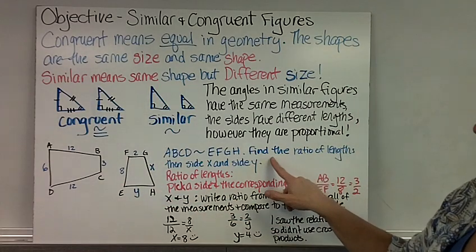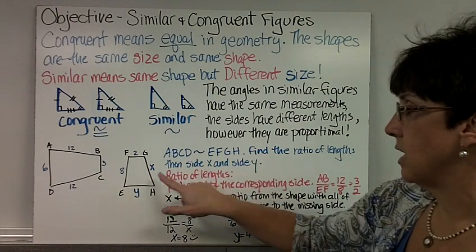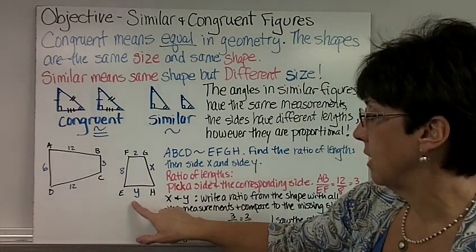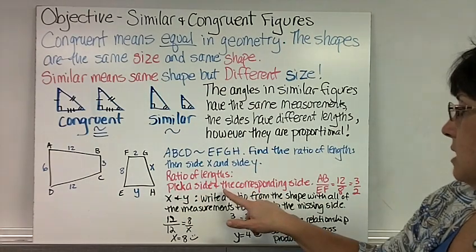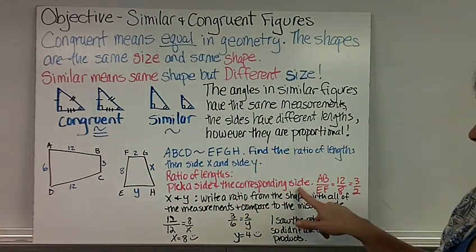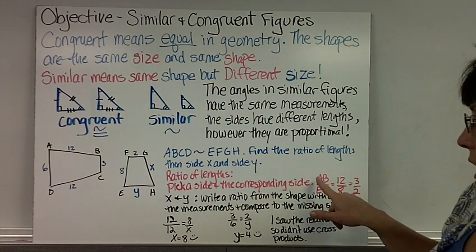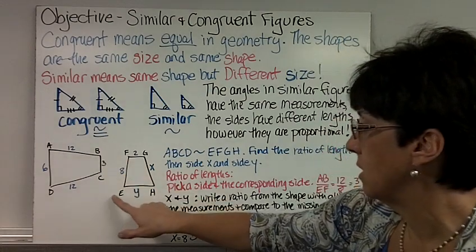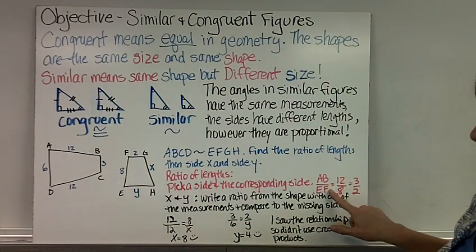All right, so we need to find the ratio of the lengths, then side X and side Y. So for the ratio of the lengths, you pick a side and the corresponding side from the other shape. So I said AB, and I saw that it corresponds to EF. So I'm going to say AB over EF.